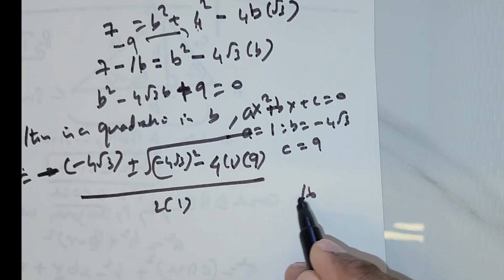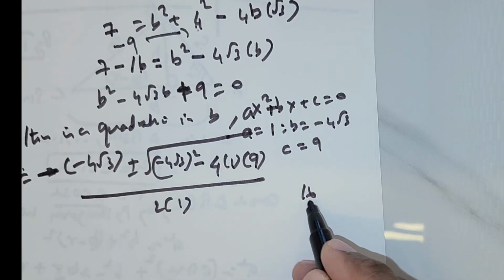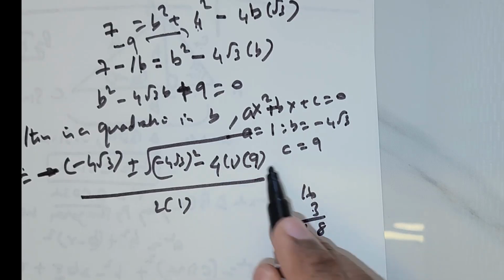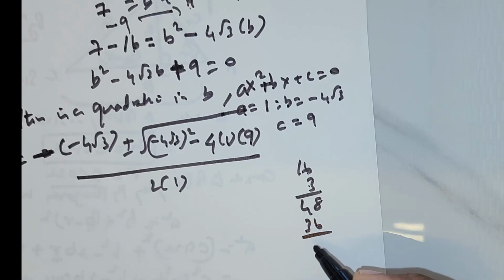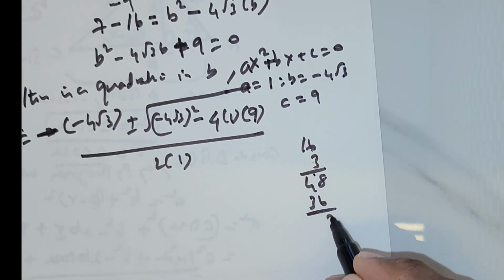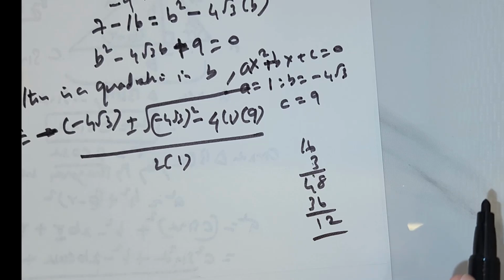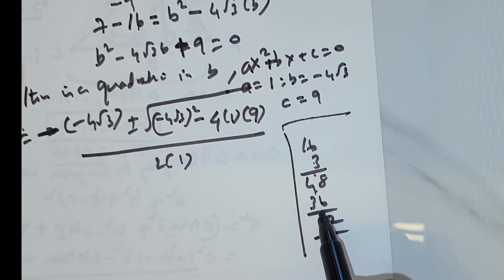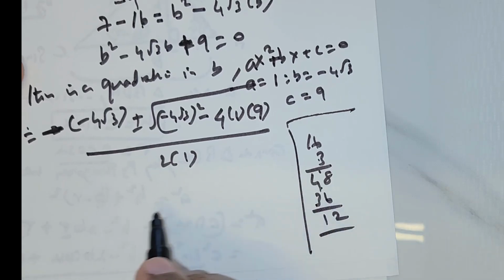So this is 16 times root 3 squared, which is 3. 6 threes are 18, 1 three, 1 three, 48. This is 9 fours are 36. So from 48 you take away 36, you get a value of 12.